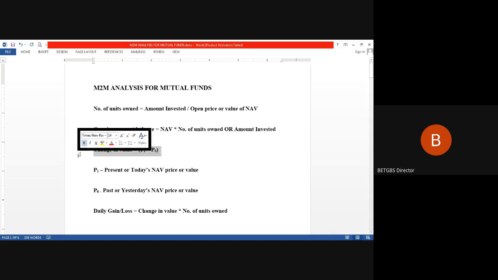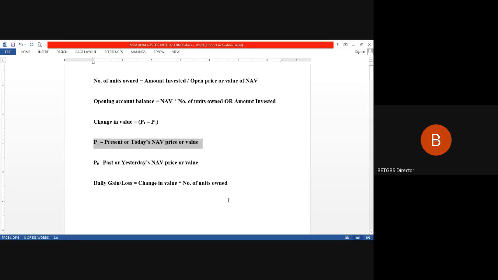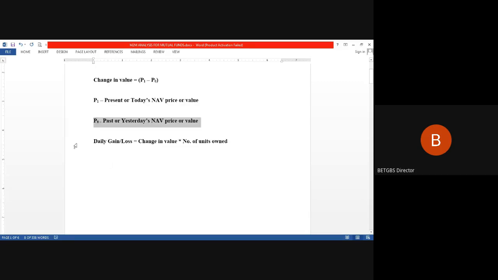So this is the equation. Change in value is the difference of present minus yesterday's NAV price. It could be plus or minus depending upon the changes we realize. P1 is the present or today's NAV price or value, and P2 is the past or yesterday's NAV price or the value of your unit.